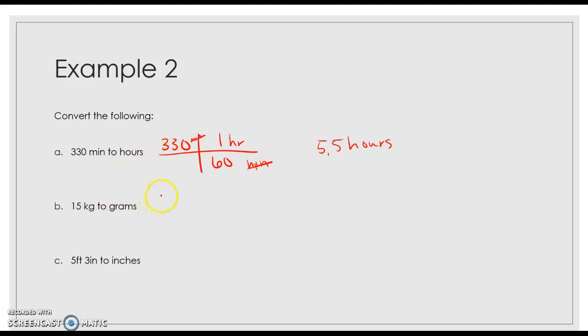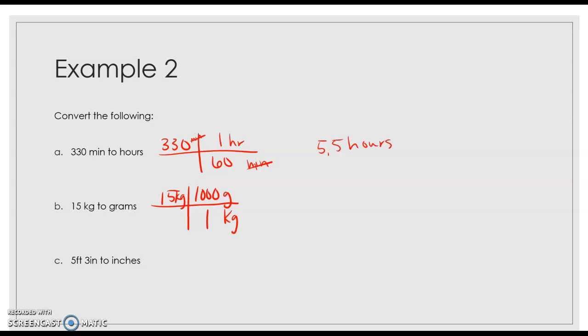I'm going to do the same thing for kilograms to grams. So 15 kilograms. And then I need kilograms on the bottom. And 1 kilogram is equal to 1,000 grams. And so 1,000 is going to go on top. When they're on top, we multiply. When you've got one on top, one on bottom, we divide.